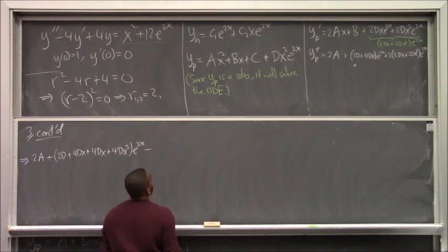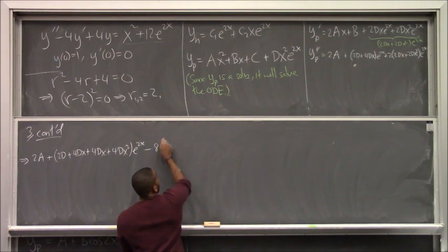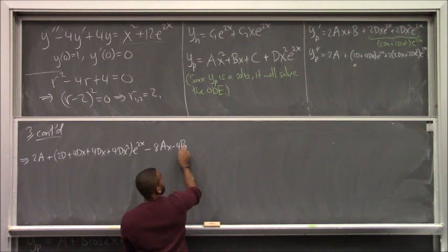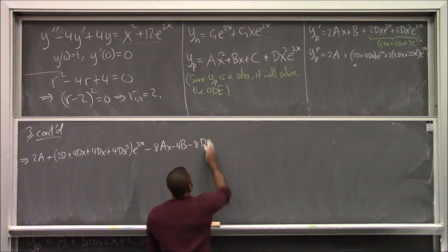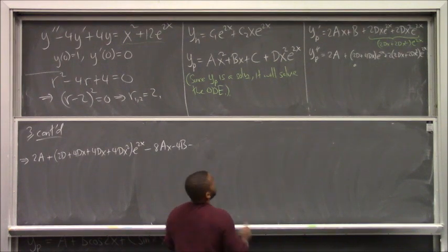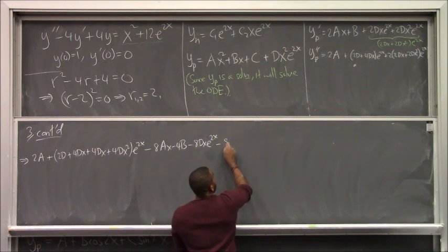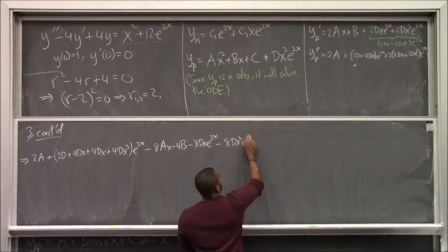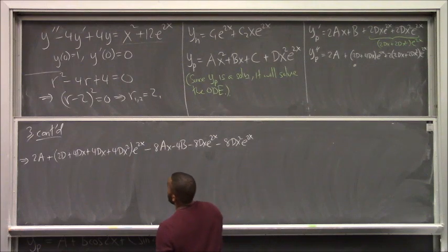Minus 4 times the y prime, so that's minus 8ax minus 4b minus 8dx e to the 2x minus 8dx squared e to the 2x. That is my y prime.